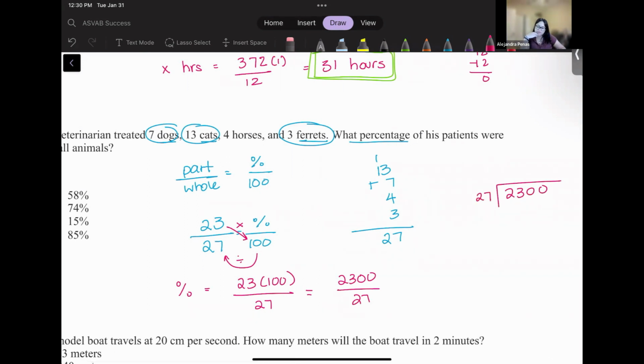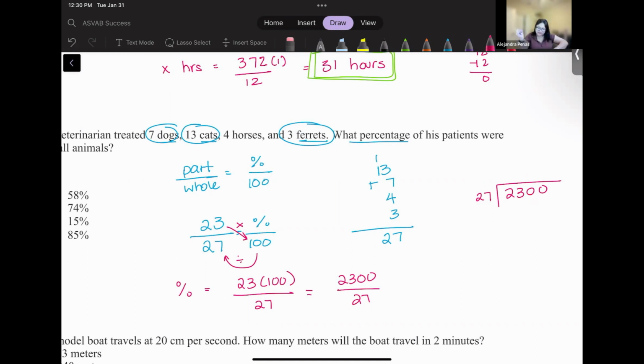So 27 fits into 230. I'm going to say 5 times and we'll see what we get. I'm going to try 5. So 5 times 7 would be 35. Carry the 3. And nope, that's going to be too small. So it ain't 5.